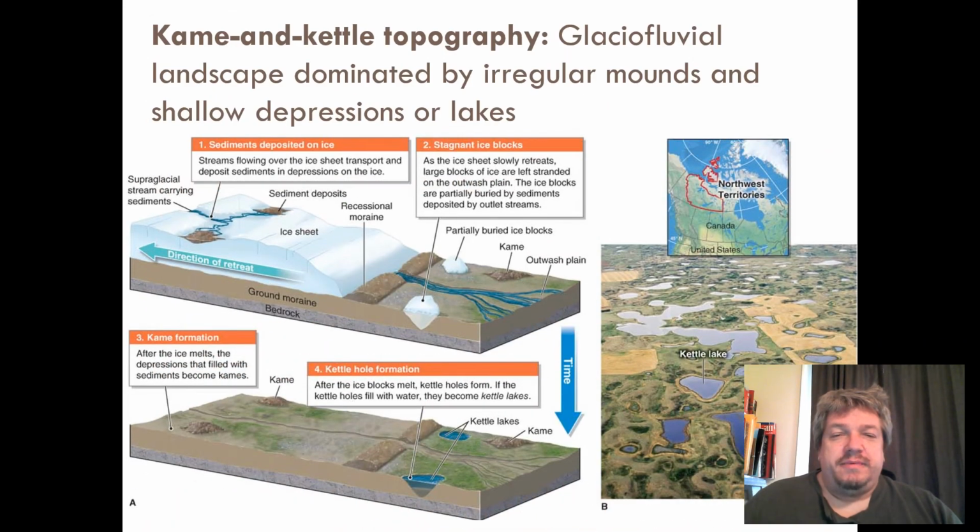Then oftentimes we'll see what's called kettle and kame topography. Here is an area at the edge of a glacier. As the glacier melts, here's the moraine. A couple things happen. As it melts, some big chunks break off, and if they melt and leave a big enough hole, they'll form a little lake.